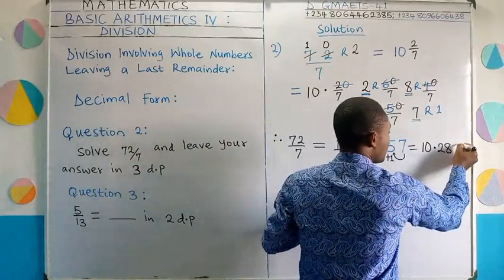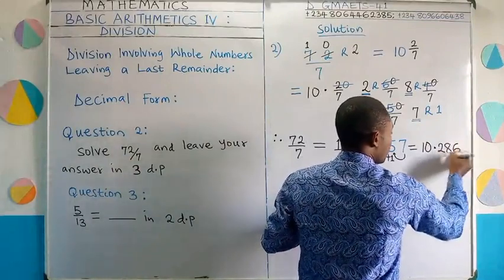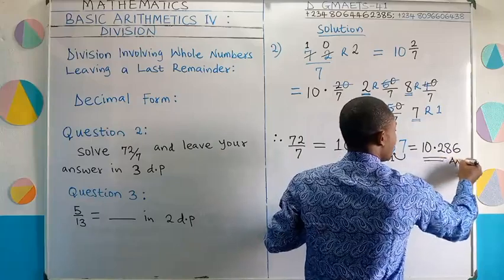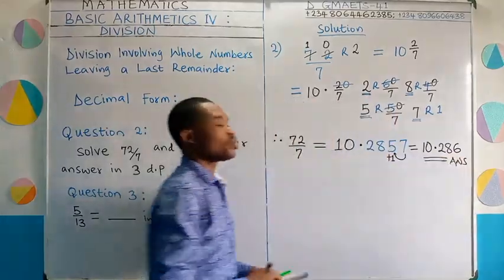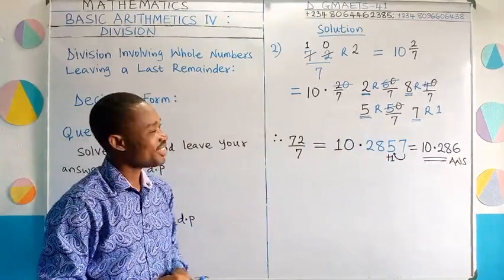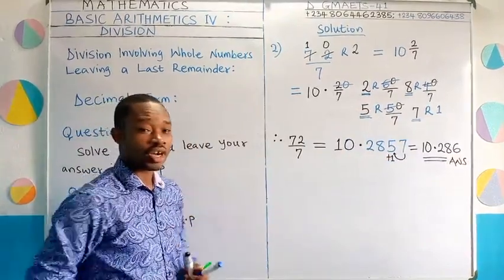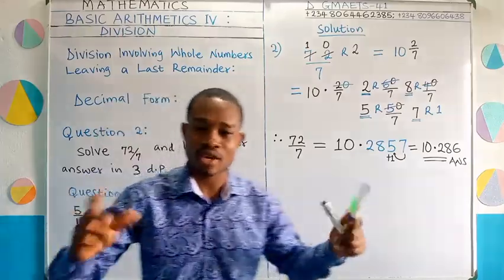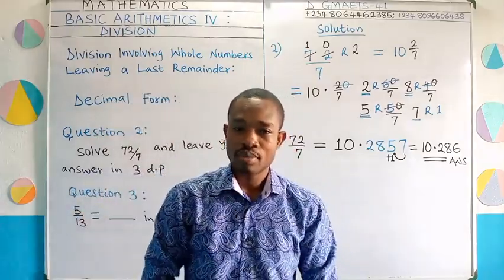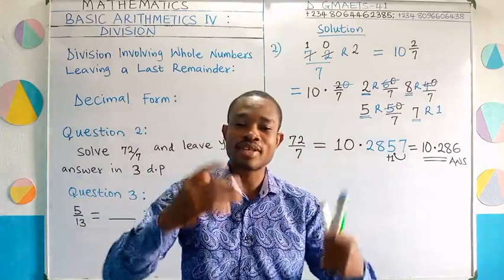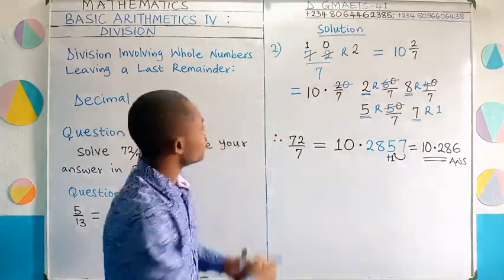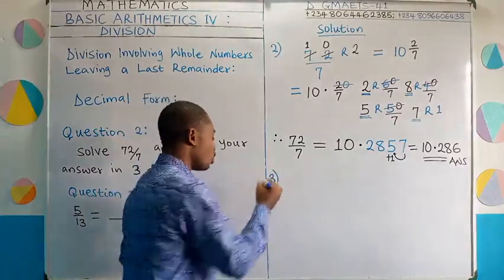And that makes it 6. And this is my answer: 10.286. Wow, I took my time to show you the calculation here. Like I've always said, all these things are for your good, because you're expected to come back to this and revise. Let's go to our last question, the solution.